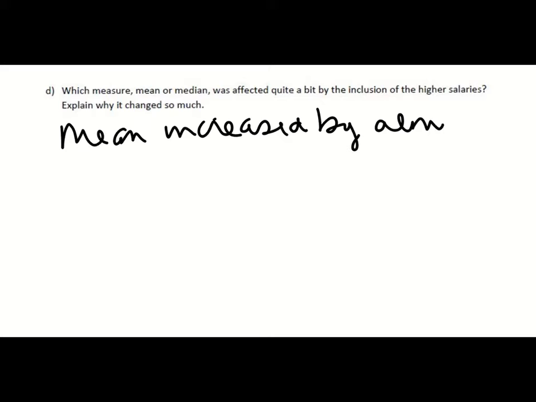So which measure was affected quite a bit by the inclusion of the higher salaries? Your mean increased by almost $20,000. That should probably be capitalized if I'm starting a new sentence. Okay.